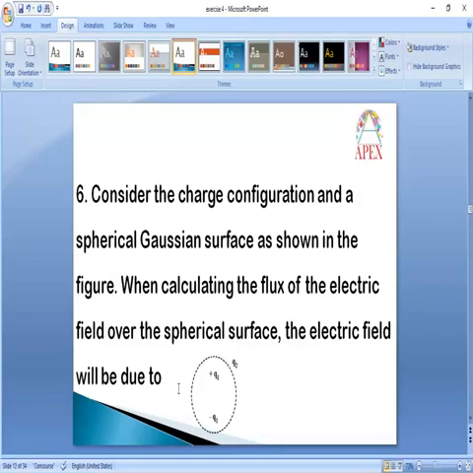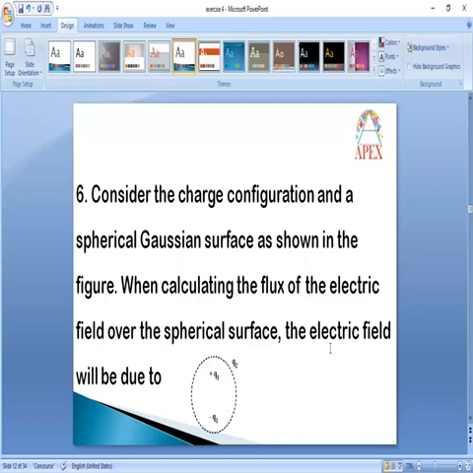And question number 6. Consider the charge configuration and a spherical Gaussian surface as shown in the figure. When calculating the flux of electric field over the spherical surface, the electric field will be due to. If you want to calculate only the flux, flux is only due to the charges inside the surface. But here they are not asking us to calculate flux.